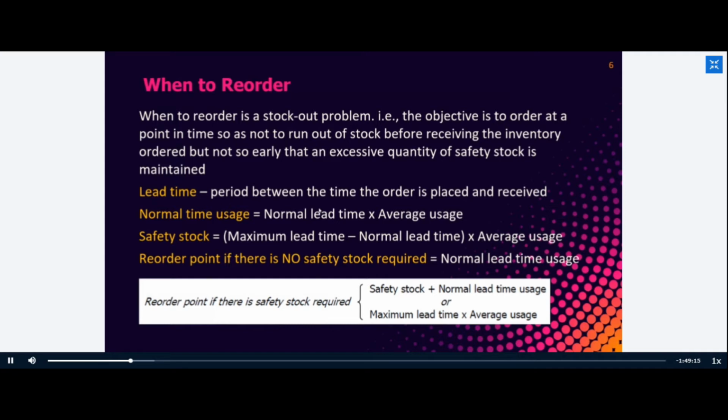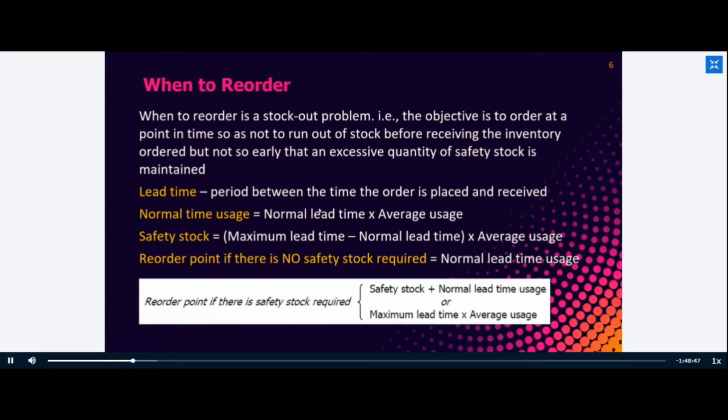Kaya meron tayong maximum lead time. Yung maximum lead time, ito yung incorporating various disturbances. Sabihin natin biglang may bagyo, yung delivery truck hindi makadaan dahil hindi passable yung daan. Mag-imagine ka kung anong puwede pang mangyari.